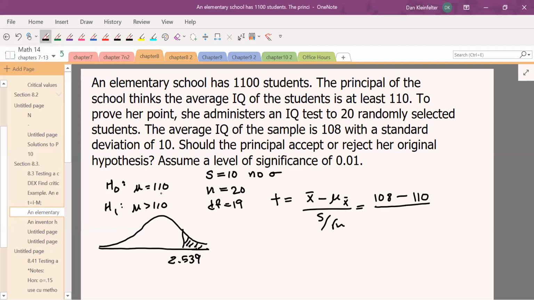Because the sample she got wasn't even higher than the mean at all, right? So there's no way that this is going to support her hypothesis, but we'll follow through with the details anyways. So the sample standard deviation was 10, and her sample size was 20. So we're going to get a negative test statistic, and so that's definitely going to be less than 2.539. But we should go ahead and do it anyways.